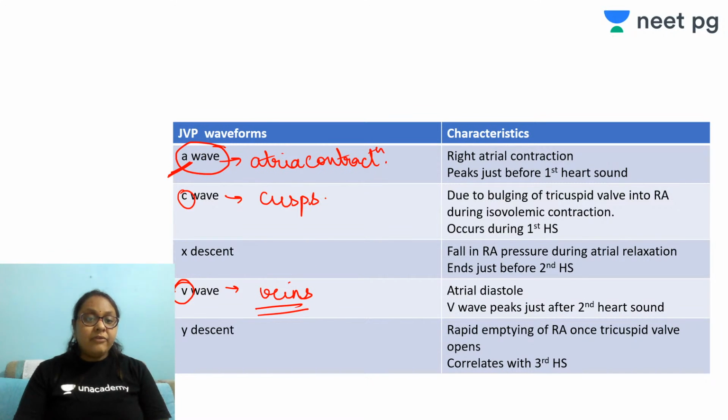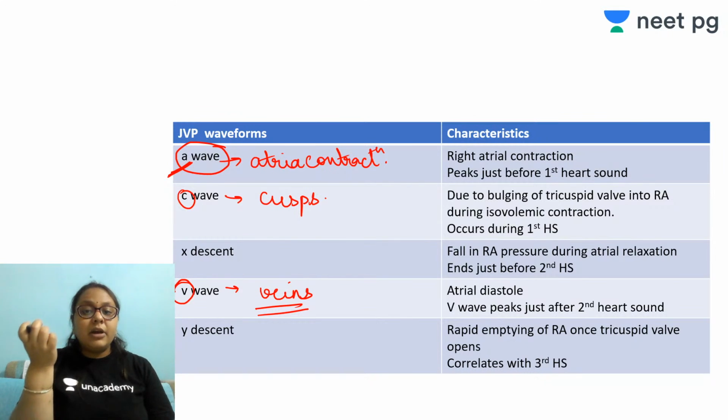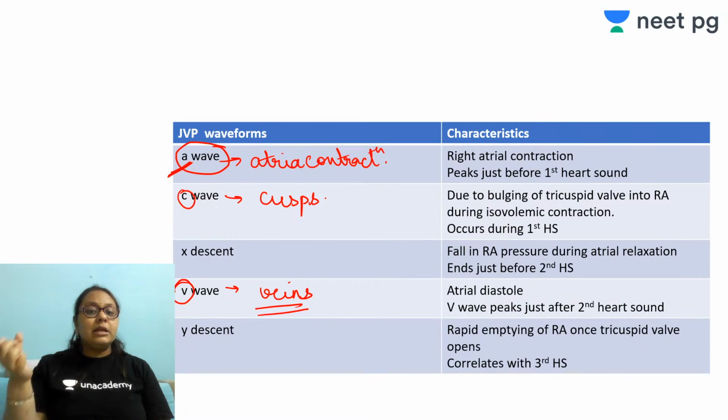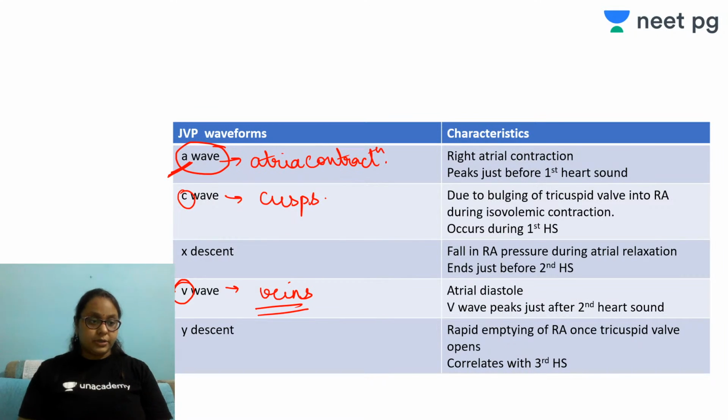Now, the A wave is positive. When will it be positive? When there is contraction, right? So the A wave denotes the right atrial contraction.